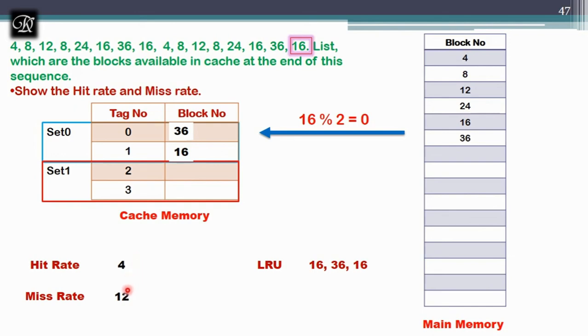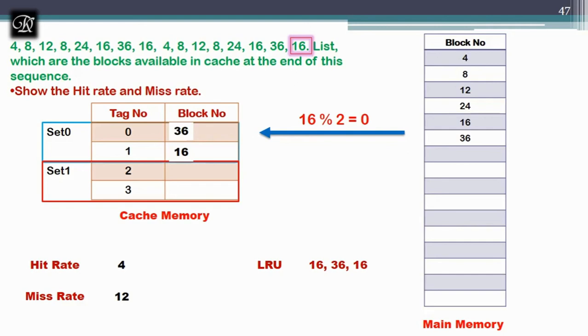The number of misses in the set associative mapping is 12 and in the associative mapping is also 12. So it means by making use of set associative mapping, we can achieve somewhat the performance of the associative mapping. With these sequences, we got a hit rate and miss rate equal to associative mapping.